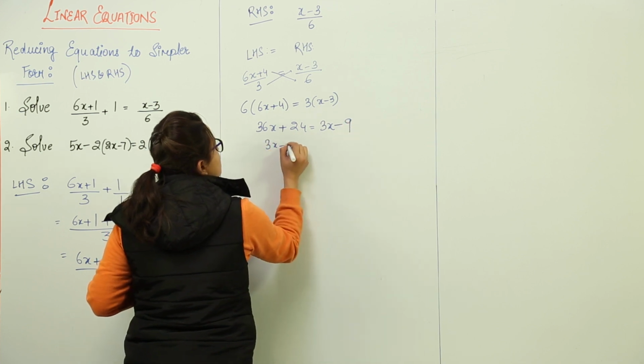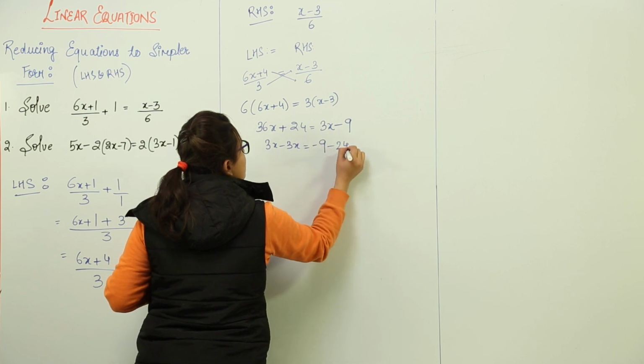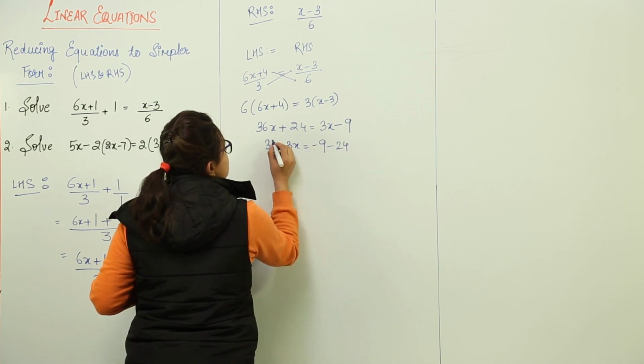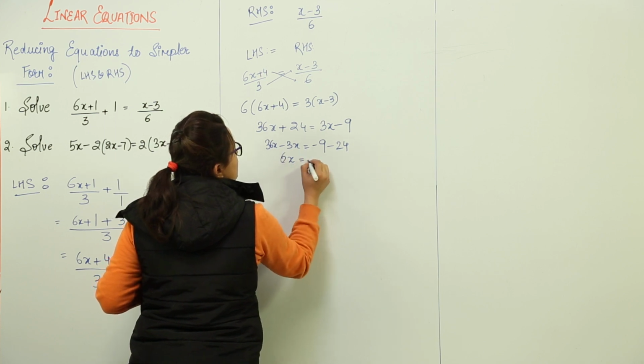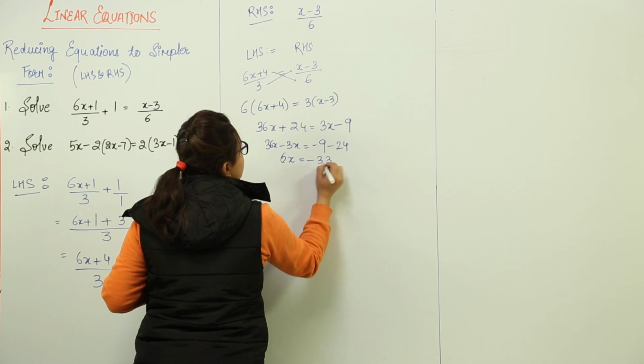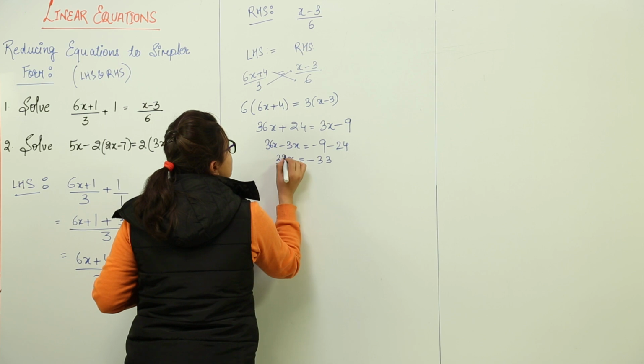Now 36x minus 3x equals to minus 9 minus 24. Very sorry, 36x minus 3x becomes 33x.